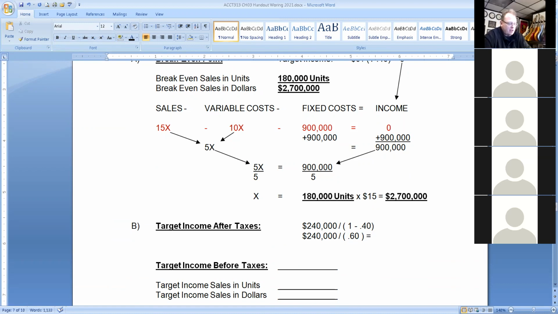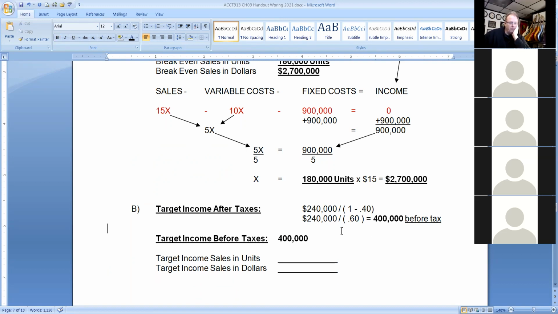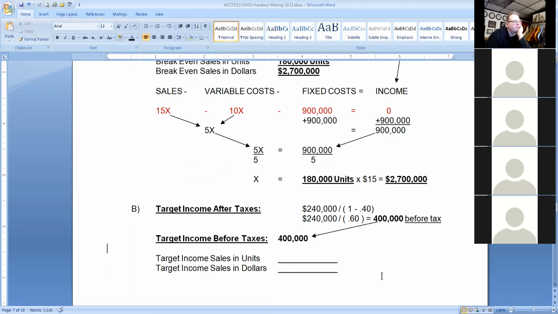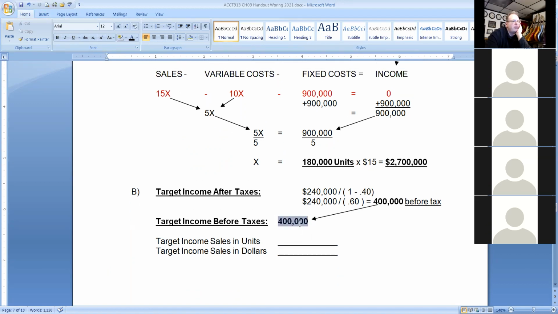And that will leave our before tax income. So this is before tax.